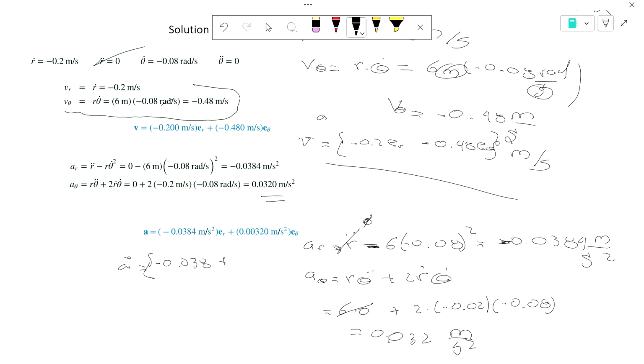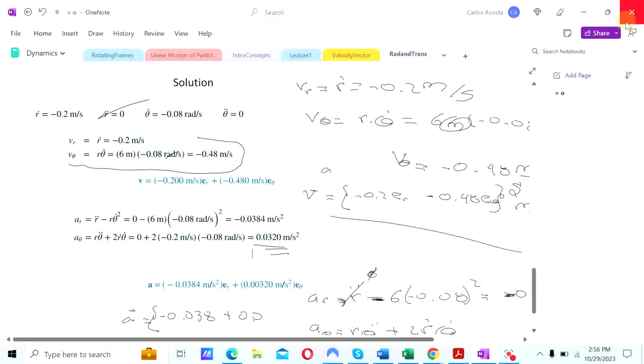0.038 plus 0.0. We're gonna have to use your calculator because this one says 0.03 and say 0.03 here. So let's use the calculator and see what's the real answer here.